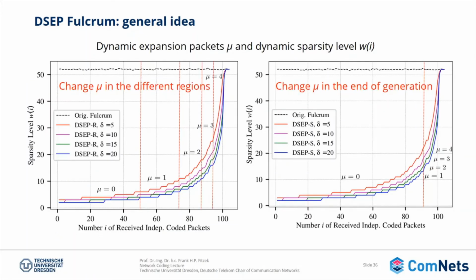These figures show the change of sparsity level omega i for a generation of 100 with different redundant packets delta.